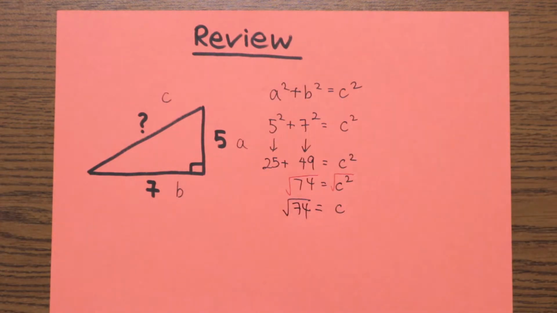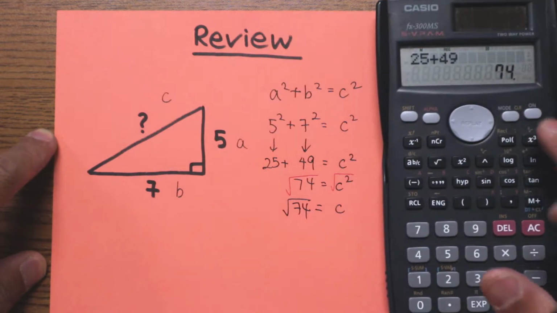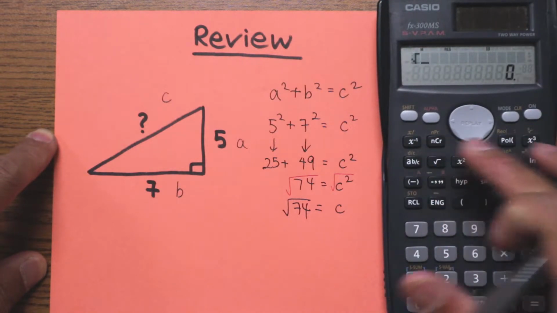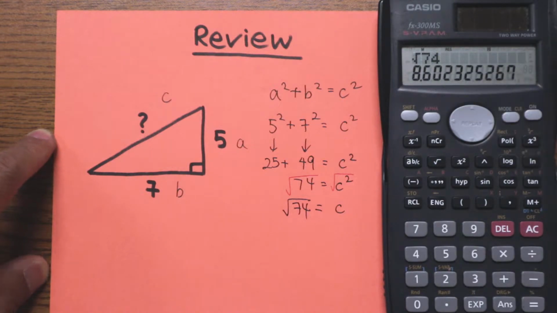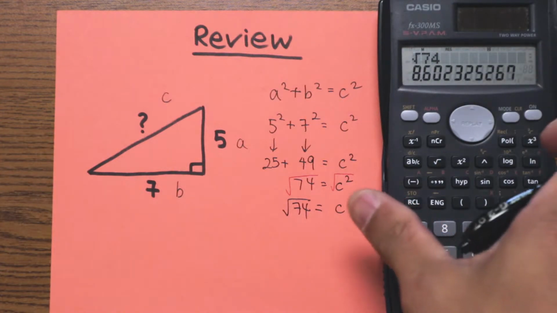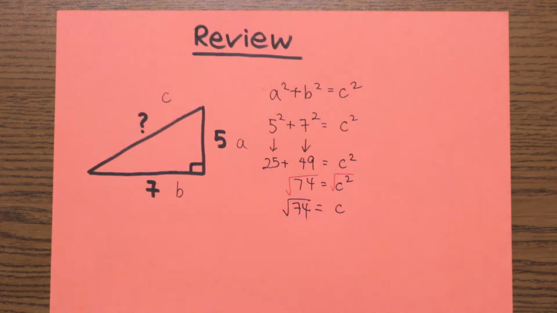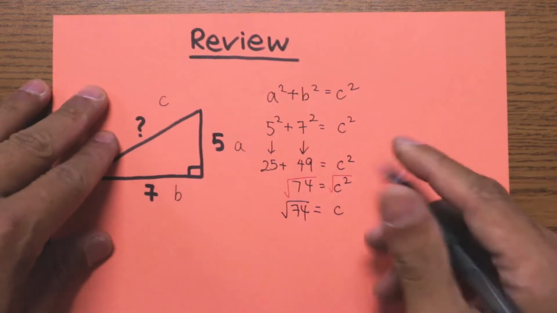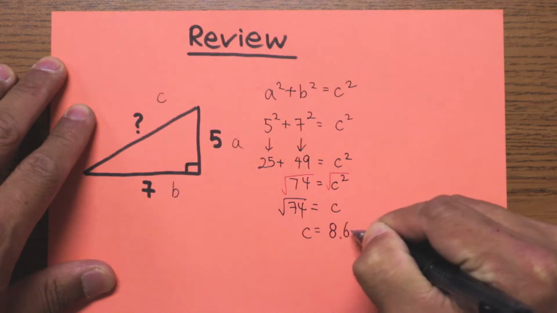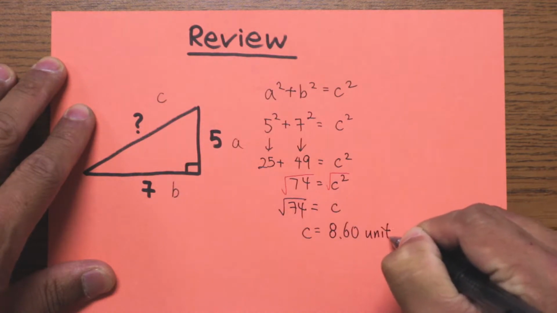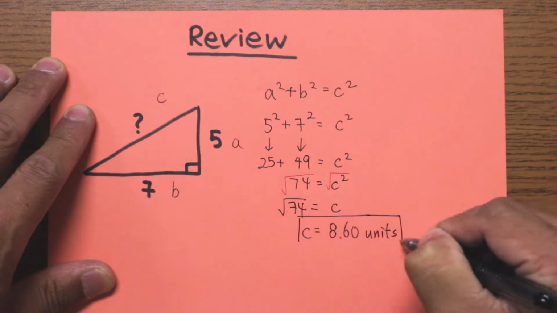And to find the decimal, we find the square root of 74, which will get you 8.6023, and so on and so forth. But we're going to write it to 2 decimal places, so it's going to be 8.60. So C is going to be 8.60 units long, or just 8.6 will be just fine.